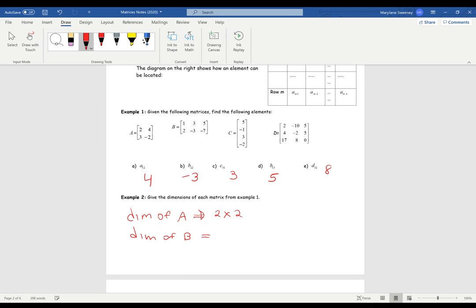Matrix B has 2 rows, 3 columns, so it's a 2 by 3. Matrix C has 4 rows by 1 column. And matrix D has 3 rows, 3 columns, so 3 by 3.